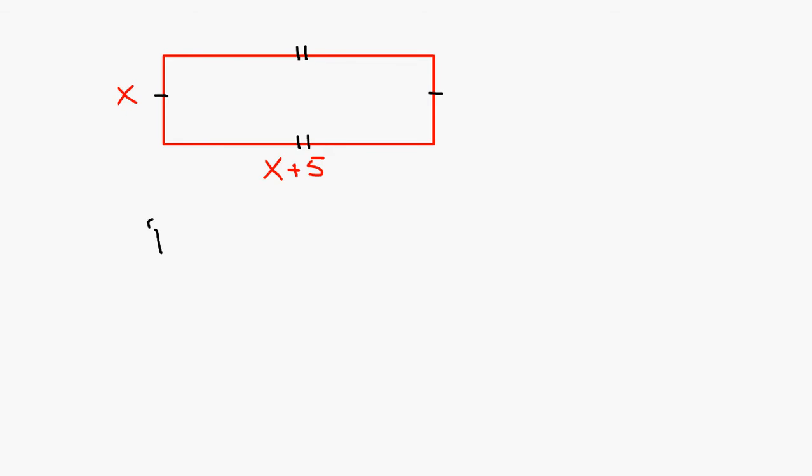So look, the perimeter would be equal to 2 times a length, and you can use x plus 5 as your length, plus 2 times a width, and the width can be x.